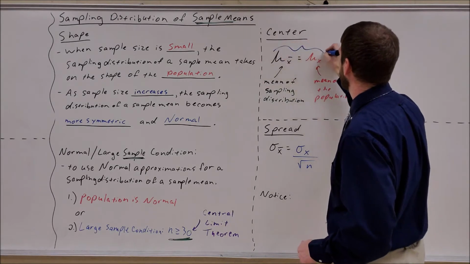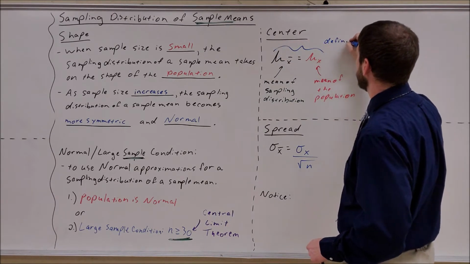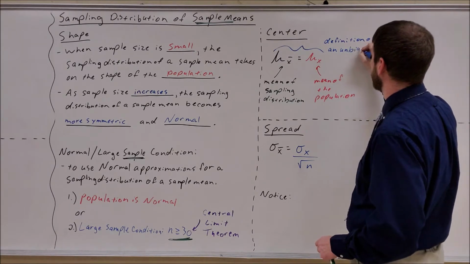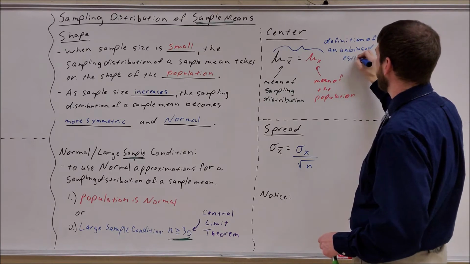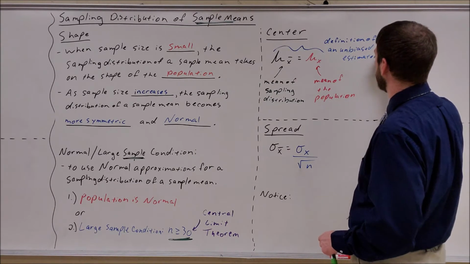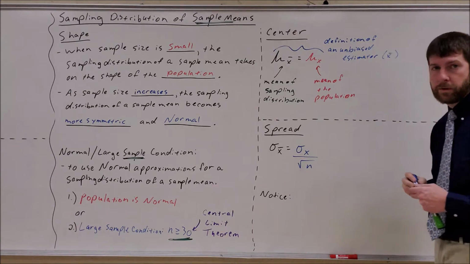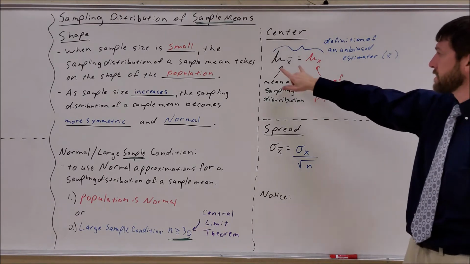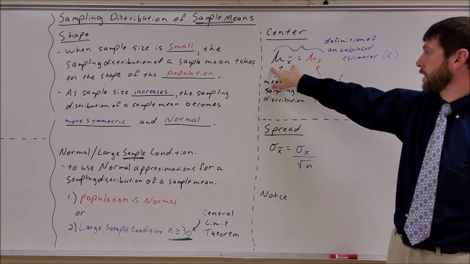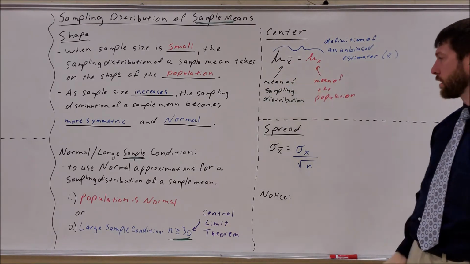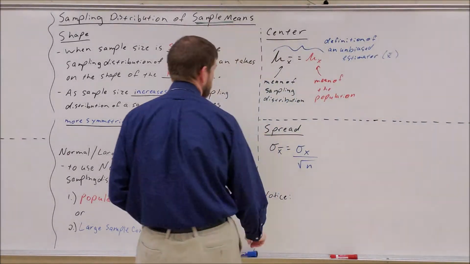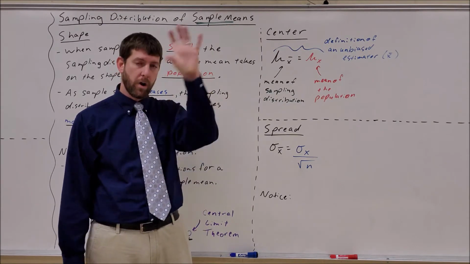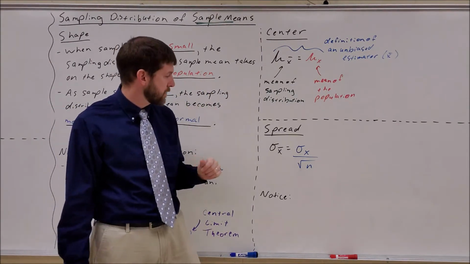Because we've already talked about before that this is our definition of an unbiased estimator. This is why we like working with sample mean as an estimate of population mean, because if we look at all possible samples and take their average, that should give us the average of the population. So that's what we're talking about with the center, just like it was with sample proportions. What's going on with all possible samples should be the same thing that's going on with the population.